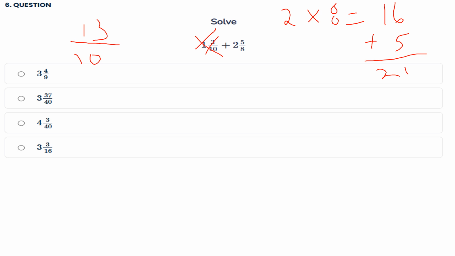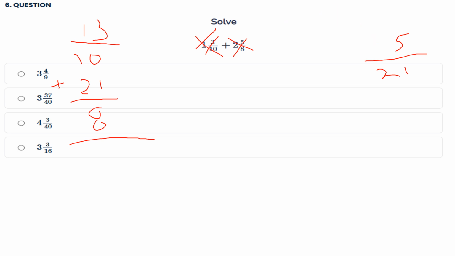So now we have plus 21 over, and then we use that denominator, 8. All right, so now that we have all of those put in improper fractions, now we can do our addition of the fractions.